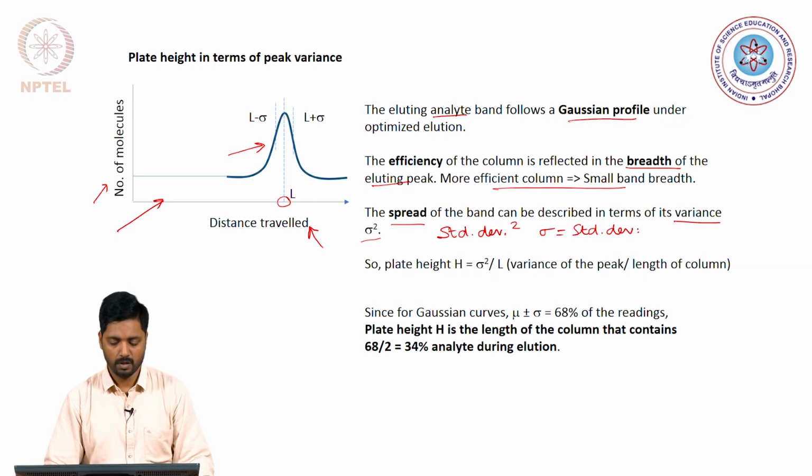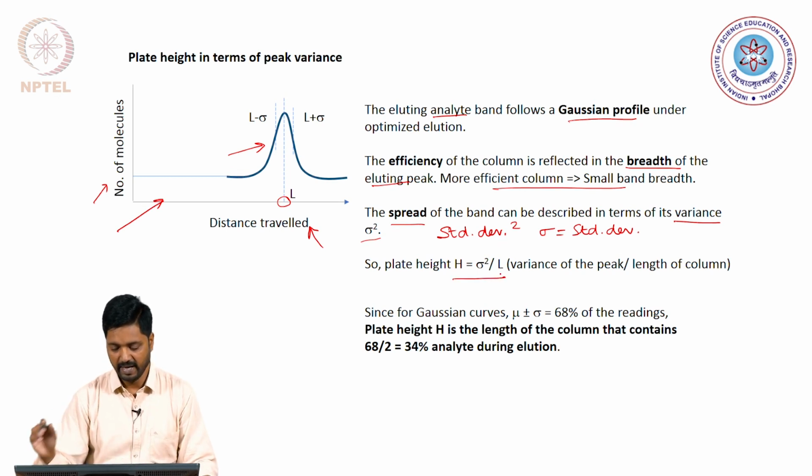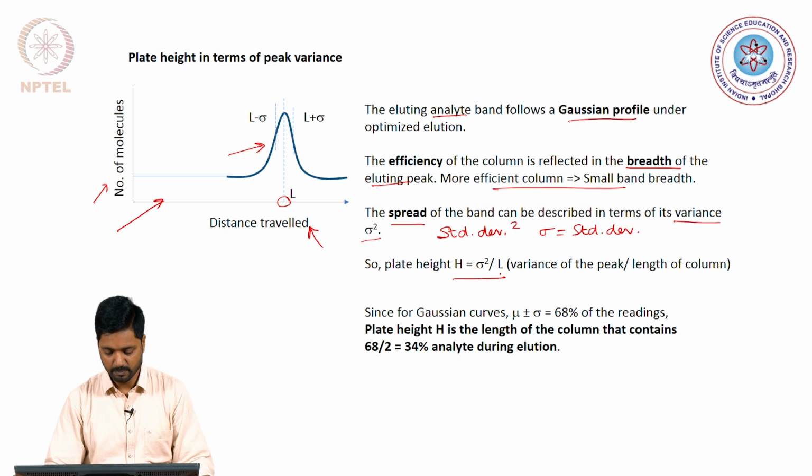So, we can now define the plate height in terms of this variance of the peak: the plate height is given as h equal to sigma squared, the variance, divided by L, the length of the column.